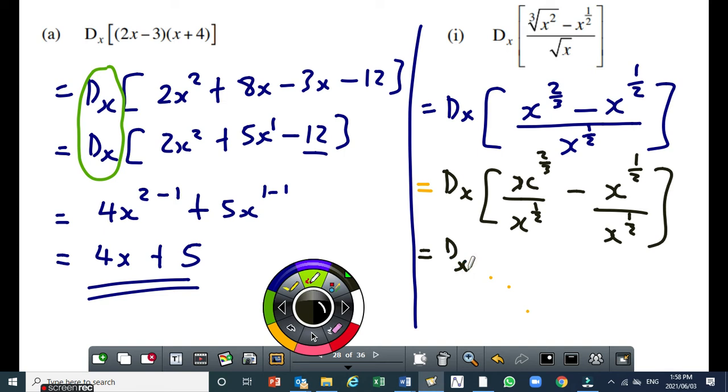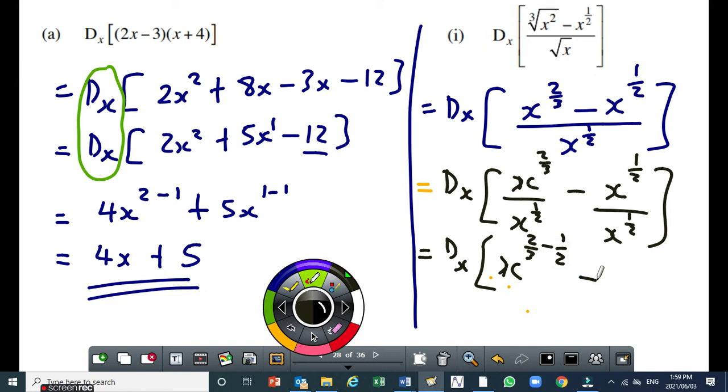Right, then d of x. Now we have to use our knowledge of exponents. Second law of exponents. If you are dividing bases that are the same, you subtract the exponents. Okay? So this becomes d of x of x to the power of 2 over 3 minus a half. Minus.